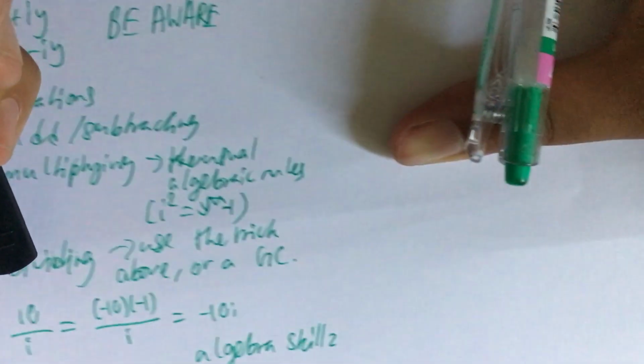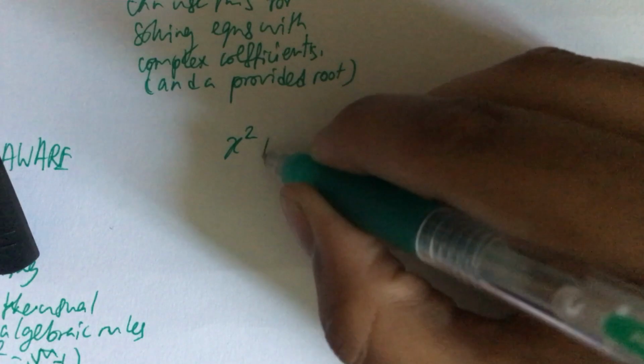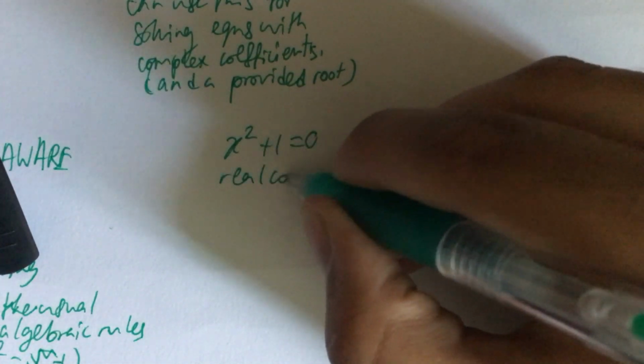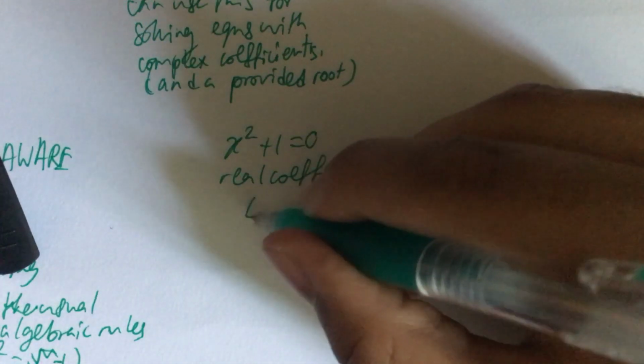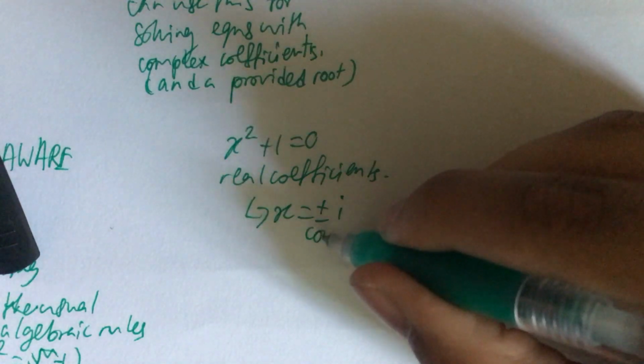You have x squared plus 1 is 0. You know, x squared equals -1. So in this case, you don't have any complex coefficients. Both of the coefficients of the x squared and the 1 are just real. They're real coefficients.